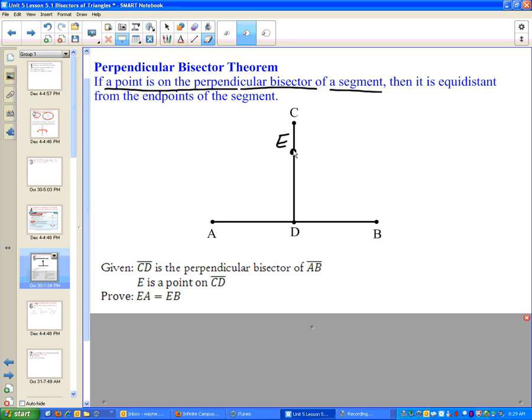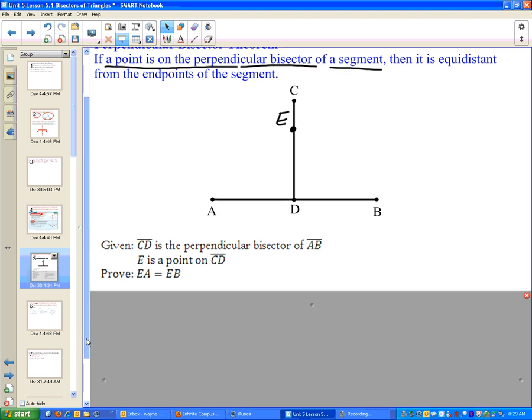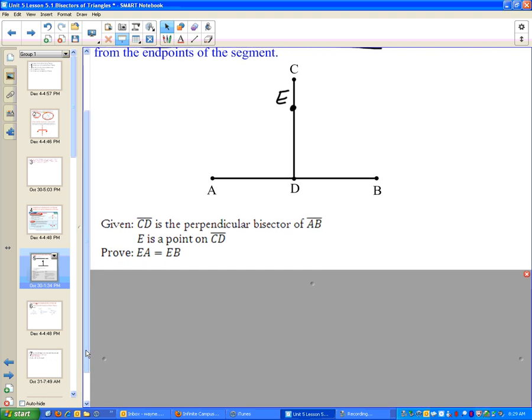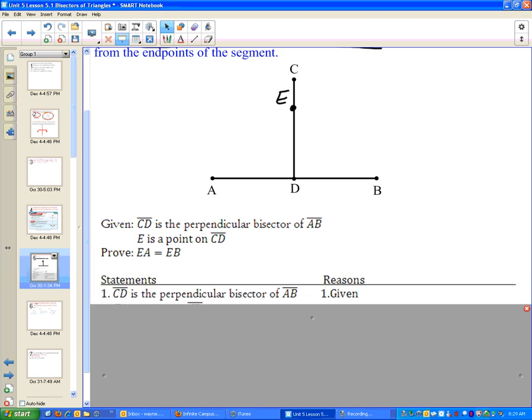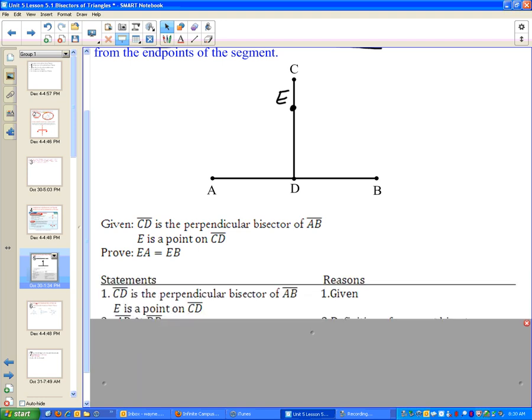That means the distance between E and B. All right, so do you see how what we have, if we can pull it off, will prove the perpendicular bisector theorem? All right. Now, let me get you started a little bit before I show you the plan, okay? So you know how to start.